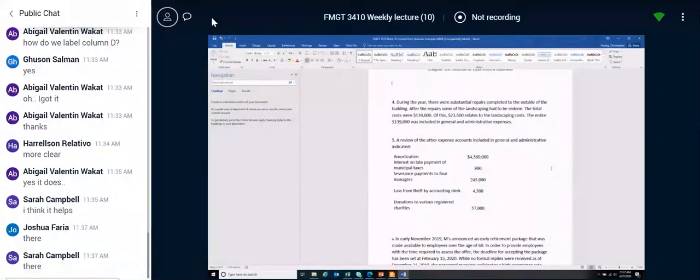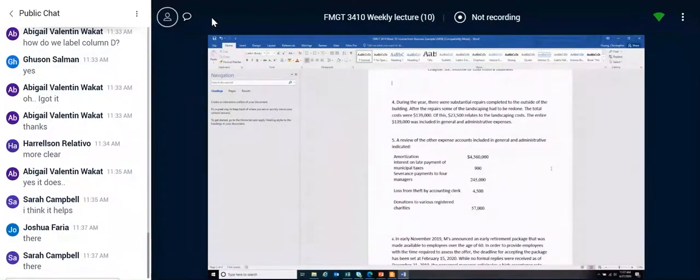So 18.1T talks about how you handle amounts that are required to be paid under the Income Tax Act, the Excise Tax Act, which is the GST Act, and the Air Travellers Security Act.